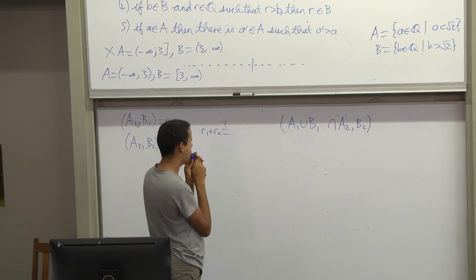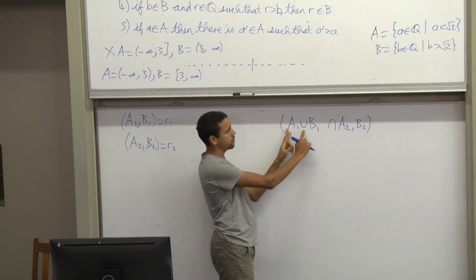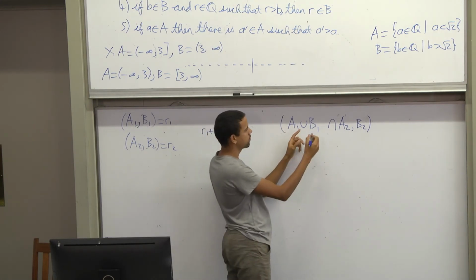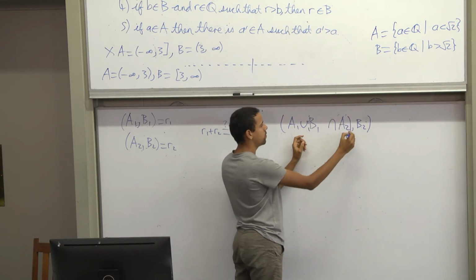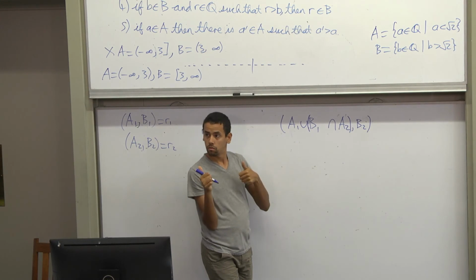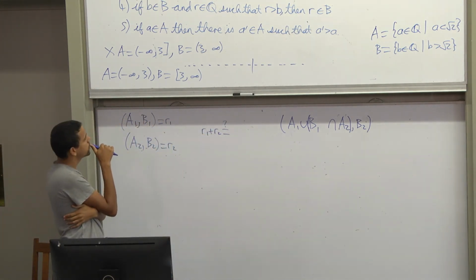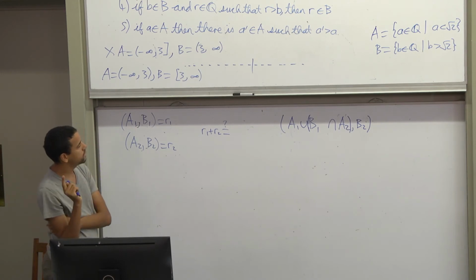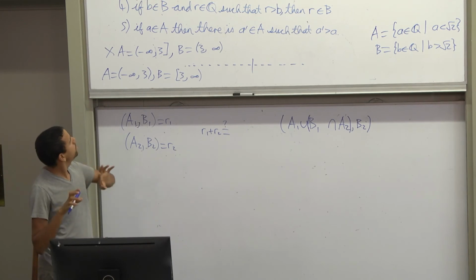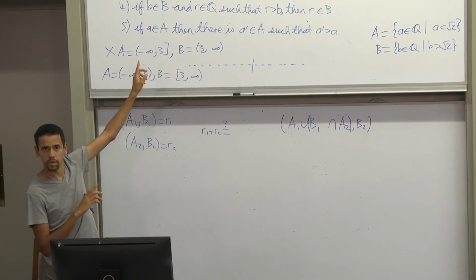Okay. What's the order? Because you've got a union and an intersection here. Intersection is in the bracket. So we've got that. Okay. So the thing about the Dedekind cut is that in a way we only need one of A and B. We don't need both.